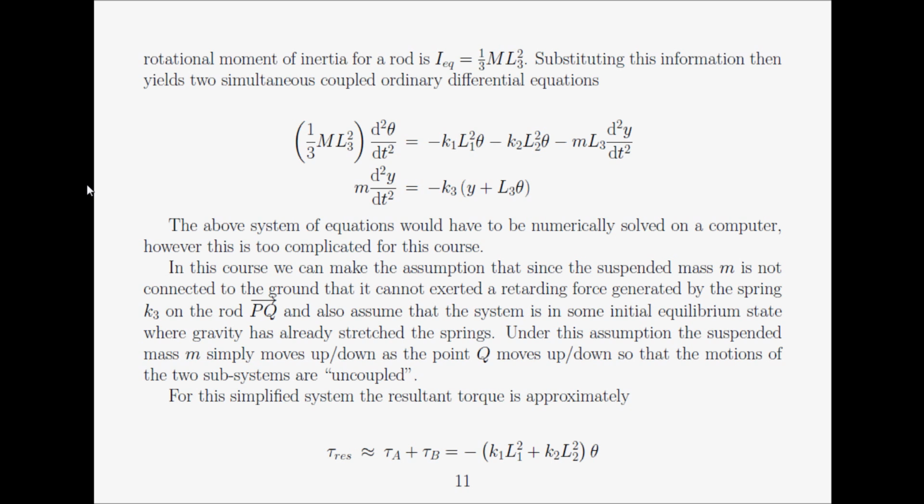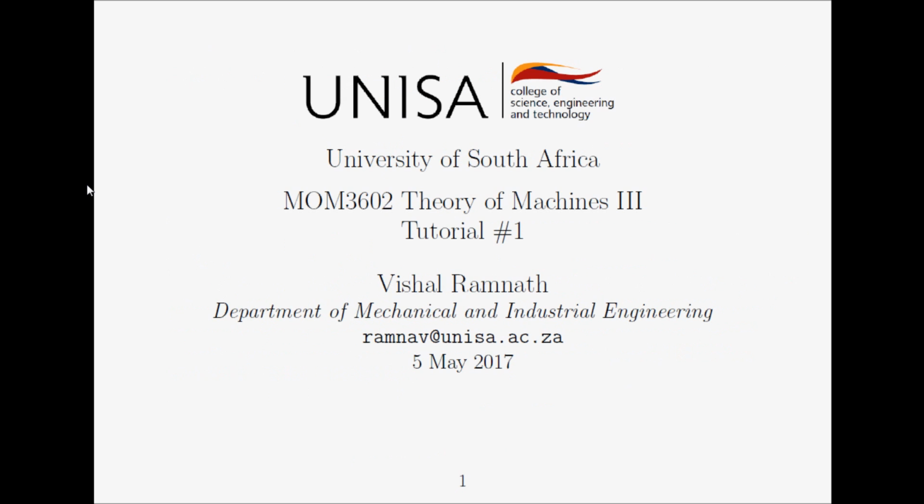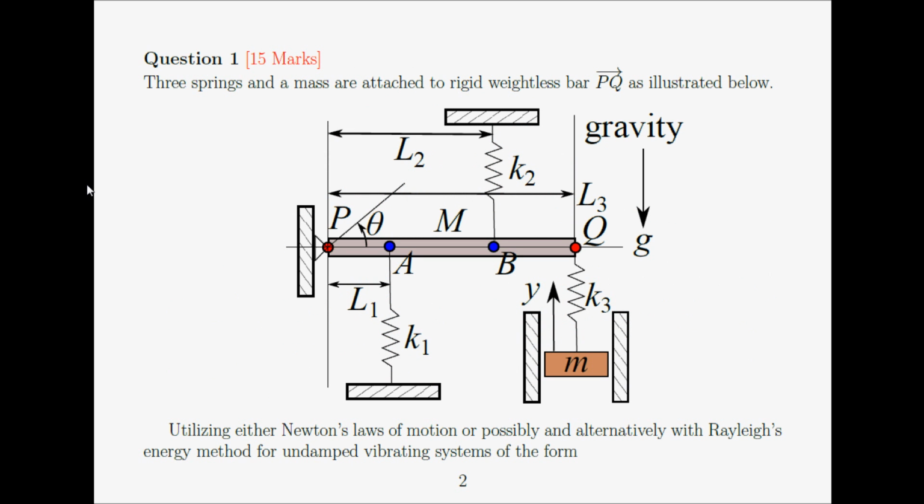Well, we can assume that because the spring K3 is not connected to the ground, when the bar rotates, oscillates by this angle theta, obviously it will drag the little suspended mass up and down, but we would assume that that mass, because it's not connected to the ground, cannot significantly alter the rotational motion of the rod.